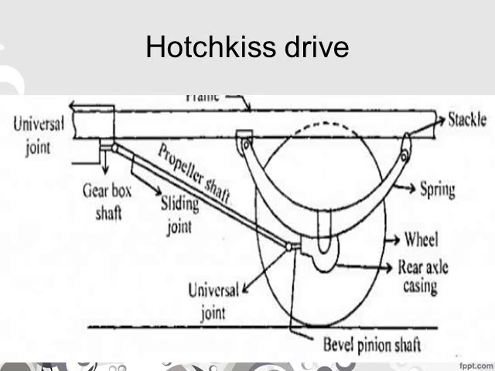The drive consists of an open propeller shaft secured to the transmission output shaft and the differential pinion gear shaft. The propeller shaft is provided with two universal joints and a sliding joint, which you can see in the drawing.